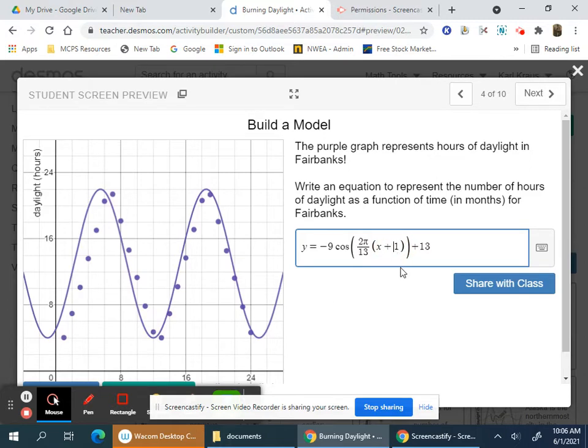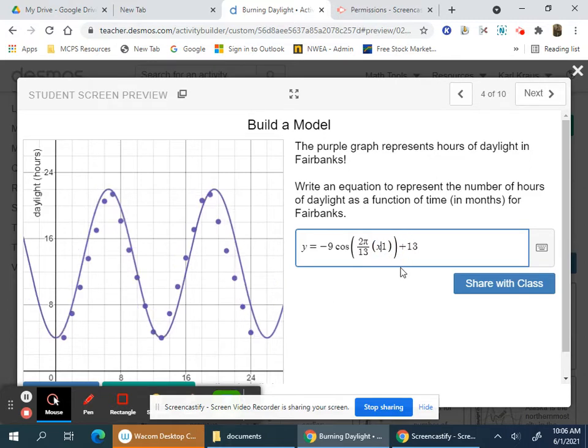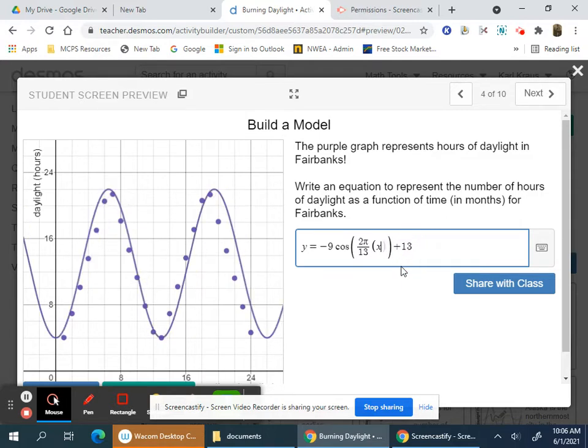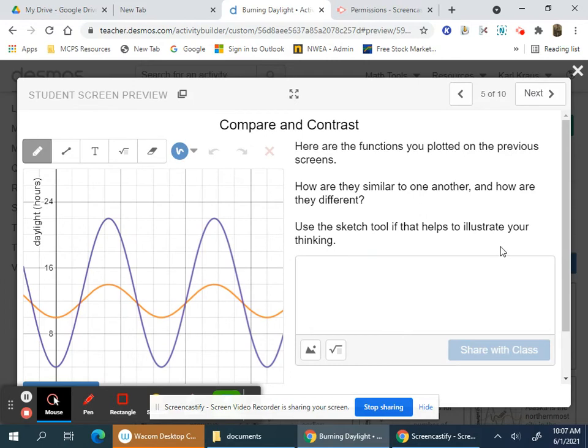Let me see if I do x minus 1. No, I'll just leave it with no phase shift. Right, so there are my two curves.